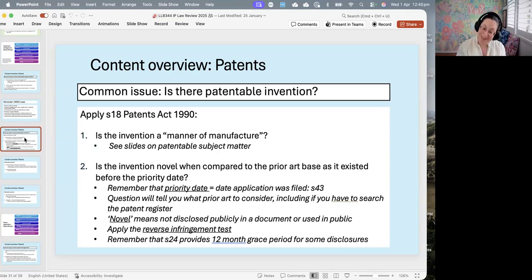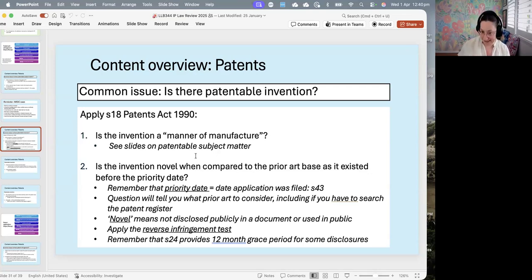And if it would, then we say, okay, the patent has been anticipated by this prior art. It's not new, and it's not capable of being registered for patent protection. The Act does provide a grace period for some disclosures, in general, disclosures by the inventor themselves.